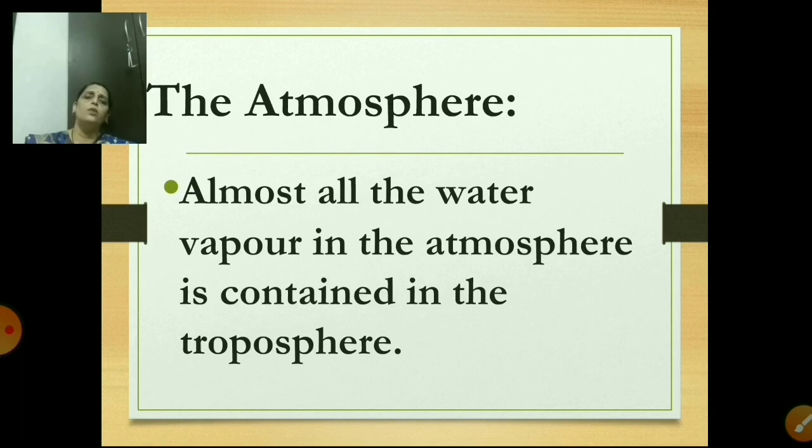Now the next point. Almost all the water vapor in the atmosphere is contained in the troposphere. This means, students, in the atmosphere, almost all the water vapor is contained in troposphere. Next point.